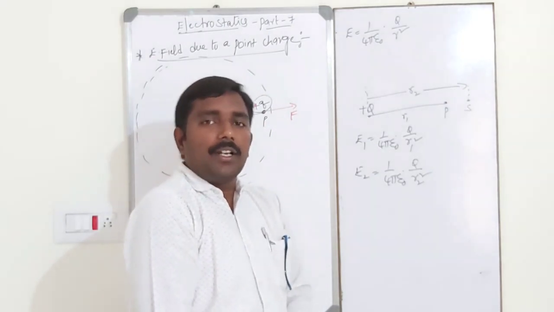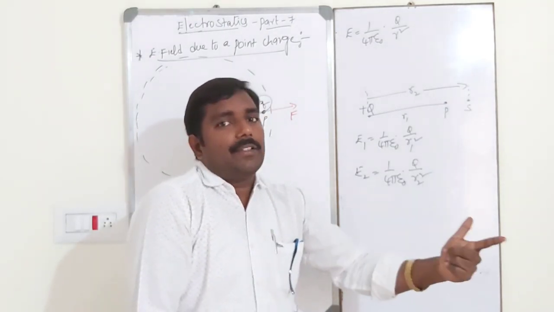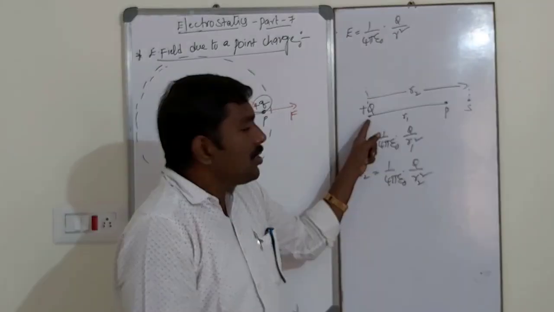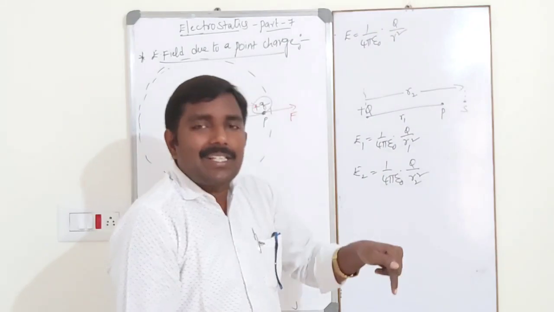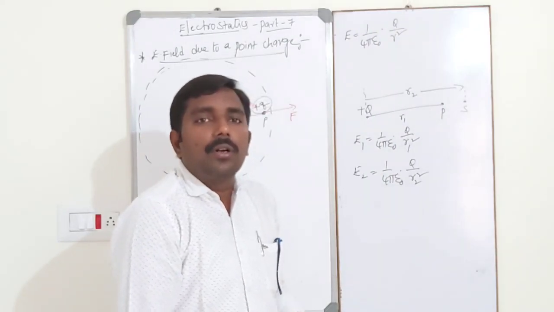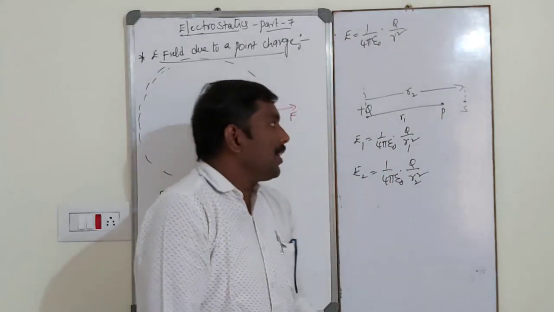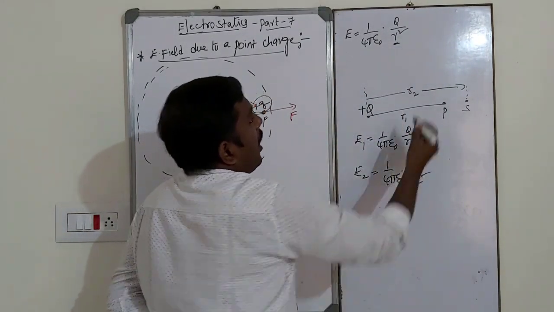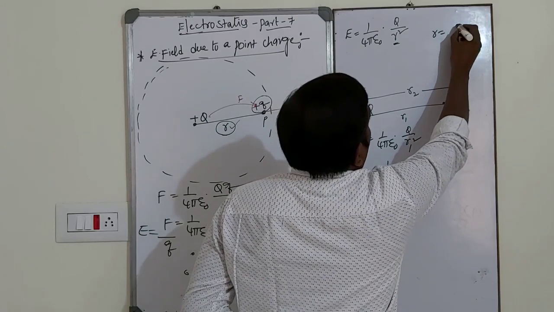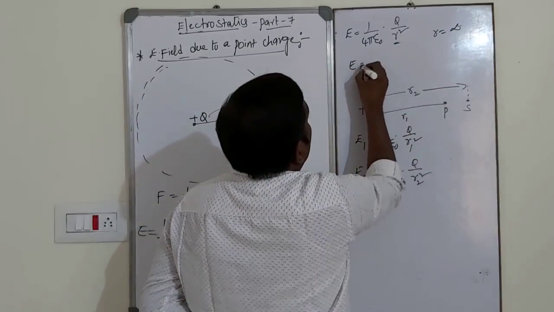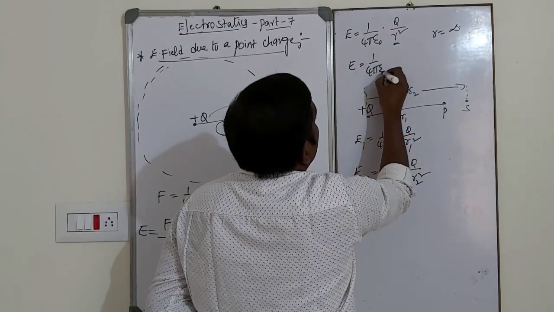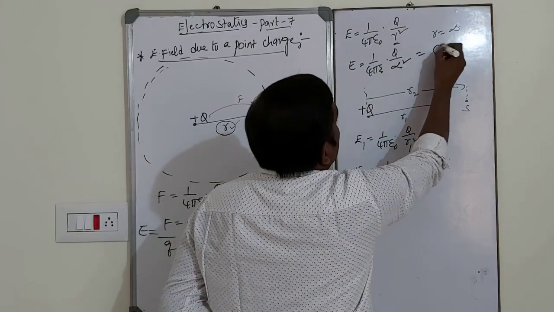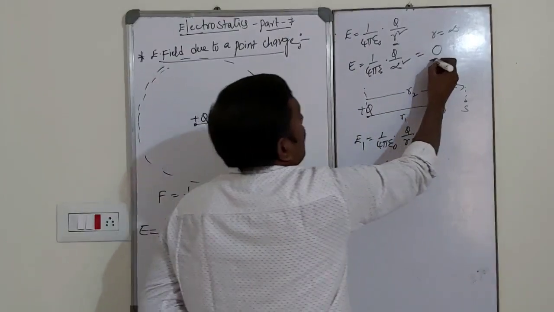At what distance will the electric field be 0? That is infinity, because substituting r equal to infinity, E is equal to 1 over 4 pi epsilon naught q by infinity square. 1 by infinity is 0, and 0 into anything is 0.